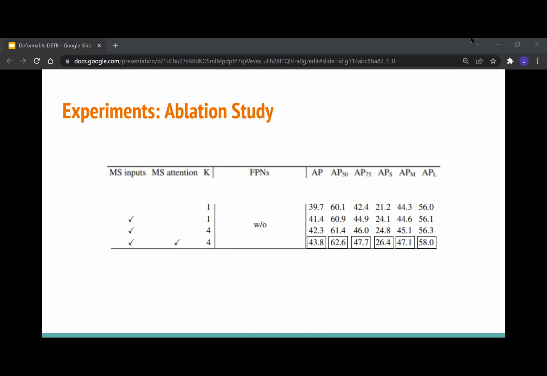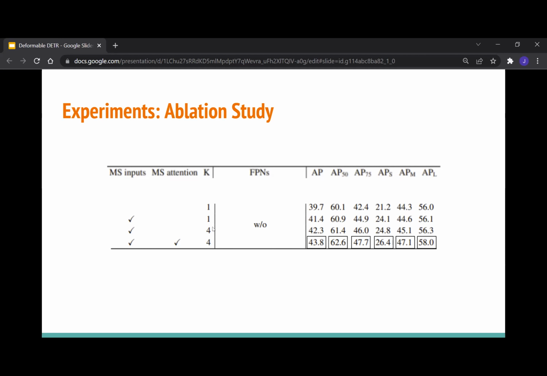First, I want to begin with the first one, where having no MS attention or MS inputs and having K of 1, it degenerates back to a regular convolution, which is why the accuracy is so much lower. But once we add in multi-scale inputs, the accuracy shoots up by 1.7%, and by using these differently scaled inputs, you can see a very high increase on the smaller images, going almost 3%.